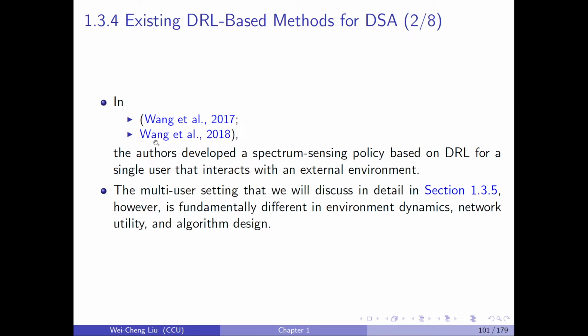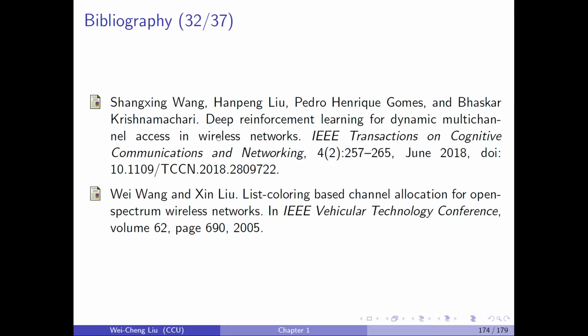Okay, and the second one is Wang et al. in 2018. The paper title is Deep Reinforcement Learning for Dynamic Multi-Channel Access in Wireless Networks, which is published in IEEE Transactions on Cognitive Communications and Networking in 2018.